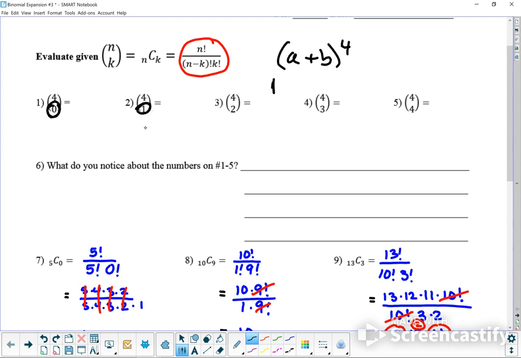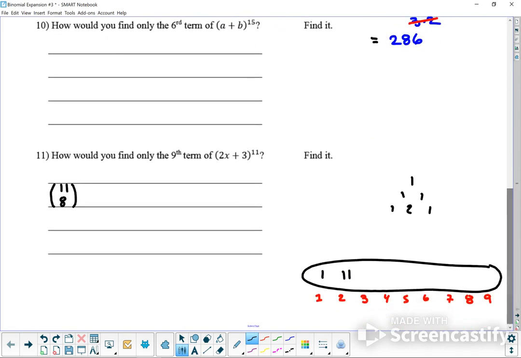So the first term is actually going to use 4 choose 0, and the second term uses 1. So it's actually 1 less than the term you're choosing. So if we want to find the ninth term, then we're actually going to be choosing 8 instead.